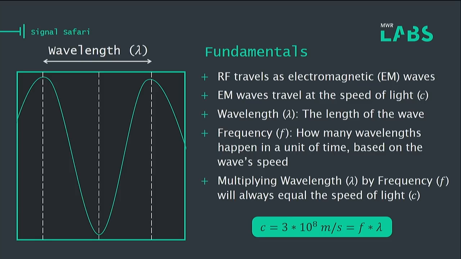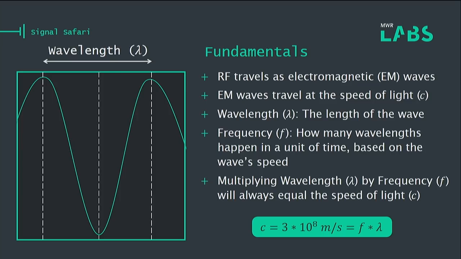And there's a subset of that spectrum that's all radio frequencies. They're all traveling the same speed, so they just vary in how long the wave is. And another way of referring to that is the frequency of it. So if it's got a longer wavelength, we say it has a lower frequency. And if it's got a shorter wavelength, it's got a higher frequency.